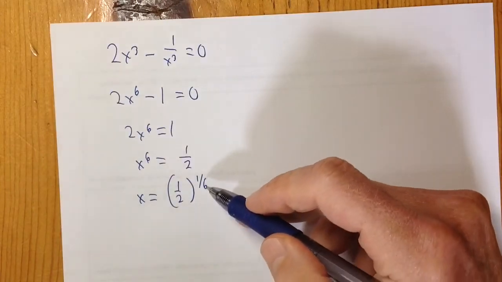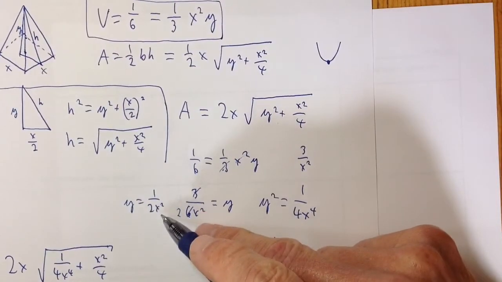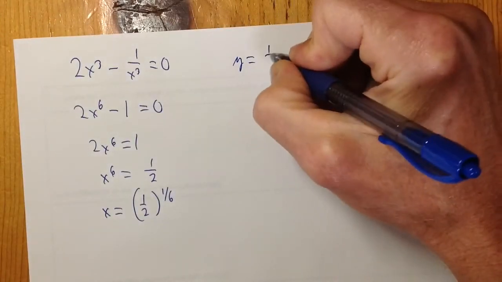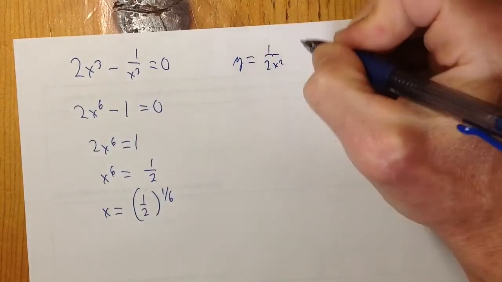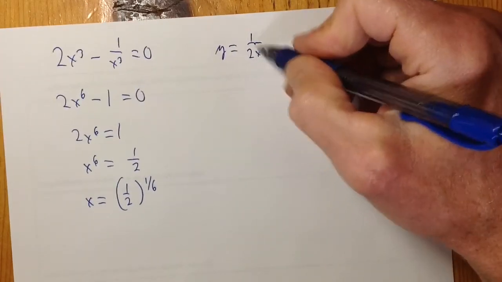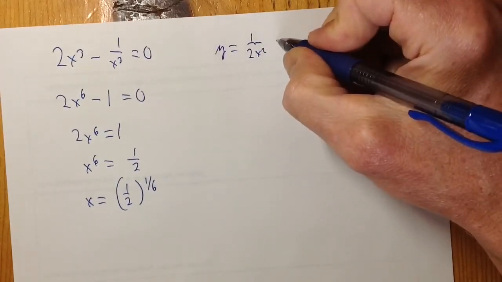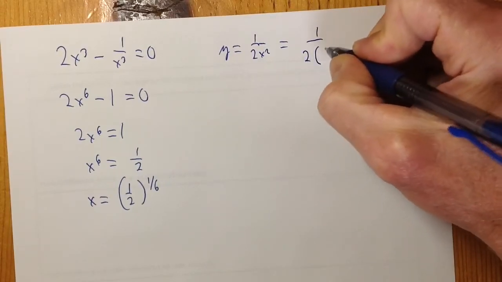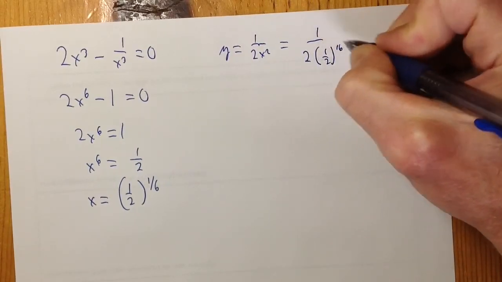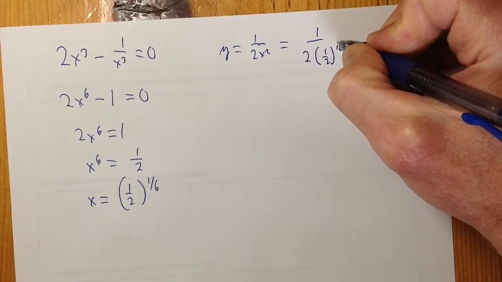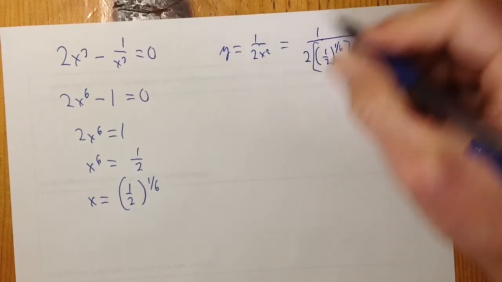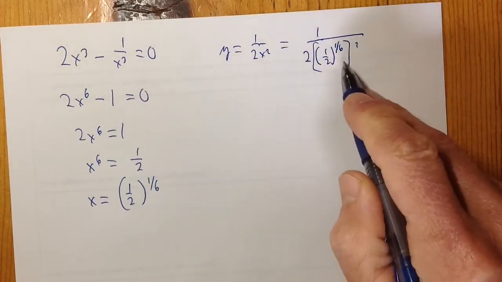So what is y? y is 1 over 2x squared. And now it's like, how do we write this the simplest way? Let's see, that's 1 over 2 times 1/2 to the 1/6 power squared, right? x squared, x is 1/2 to the 1/6.